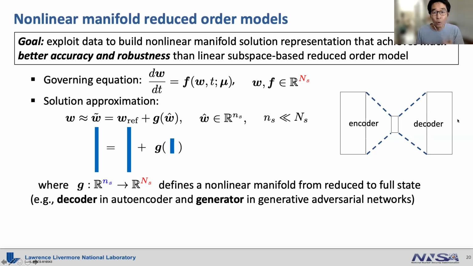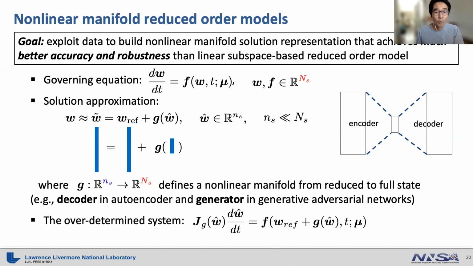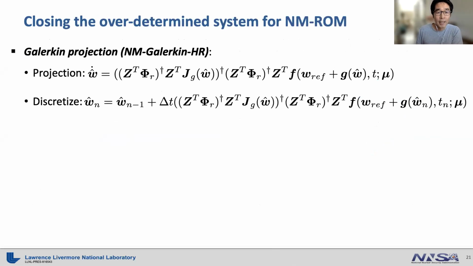So this decoder we use as our G function, and then we plug the nonlinear manifold solution representation into the governing equations and obtain this overdetermined system again. Now, since you have an overdetermined system, you have to close the system. And there are roughly two ways of doing that.